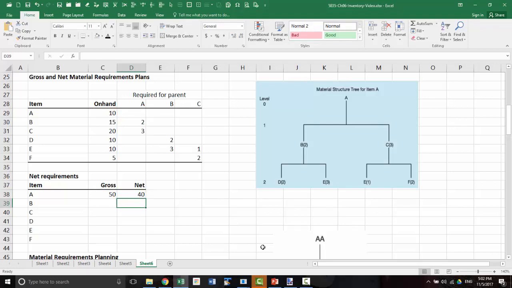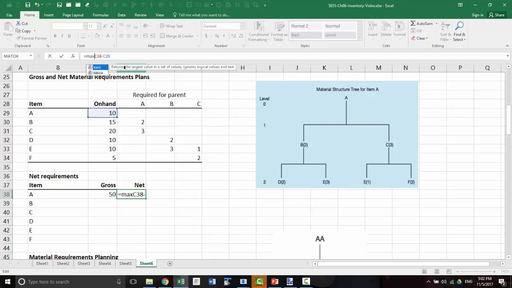But what if your on hand was more than 50? Suppose if on hand was 60, then you end up with a net of minus 10, right? So your formula should be careful. What you need to do is say max of that or 0.